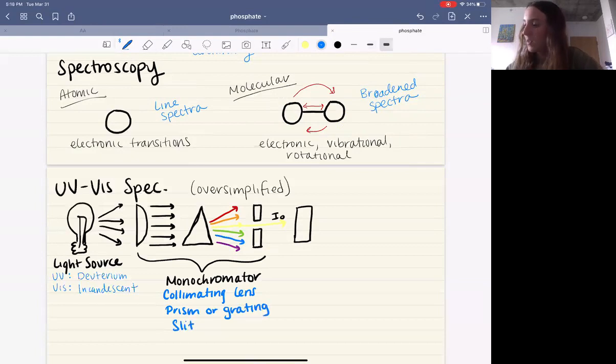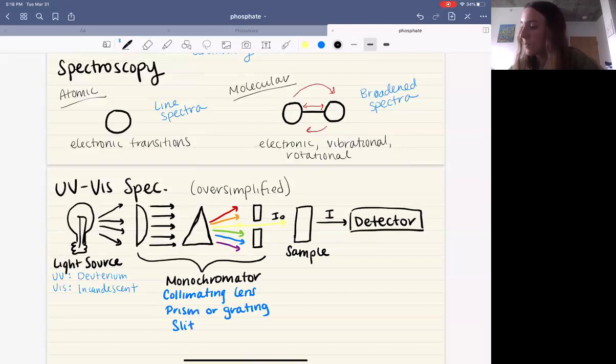Okay, and then we have our sample, which, with some concentration of colored compound in there, is going to absorb some of that UV visible light and causes the intensity to decrease. And the transmitted light has an intensity I, which we detect on our detector.